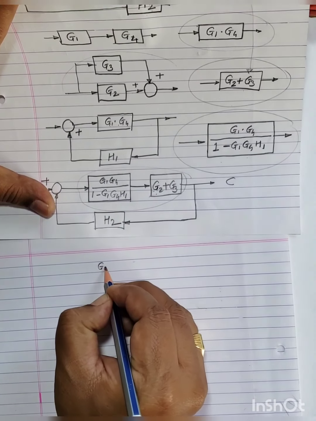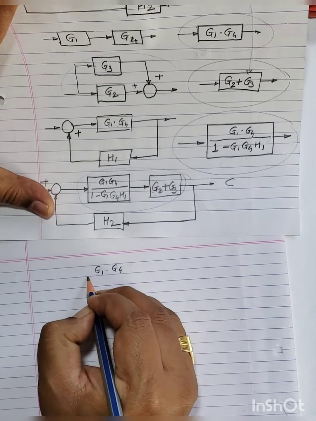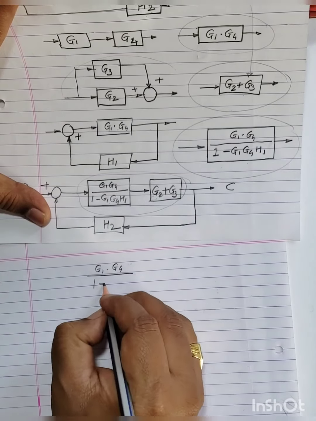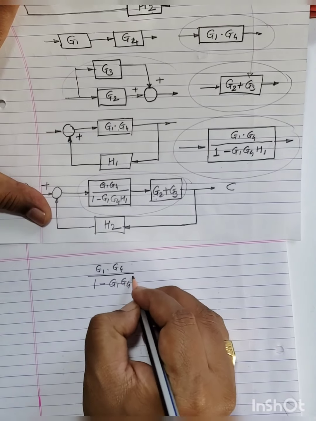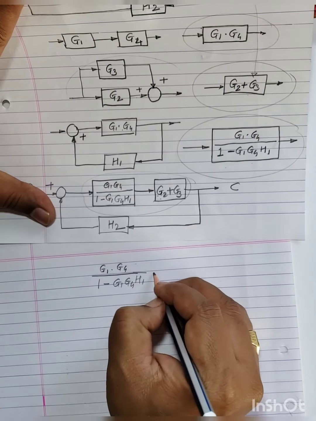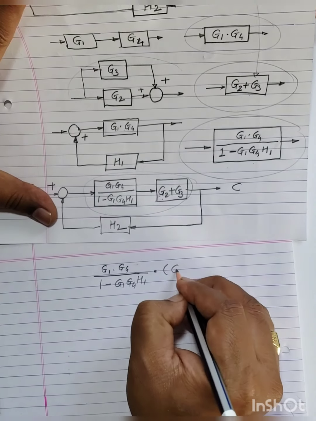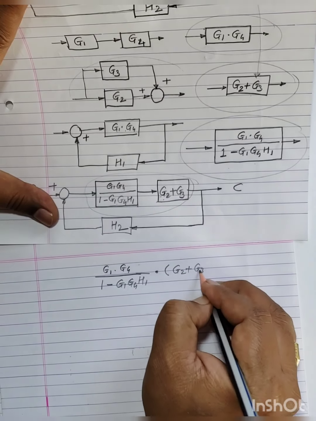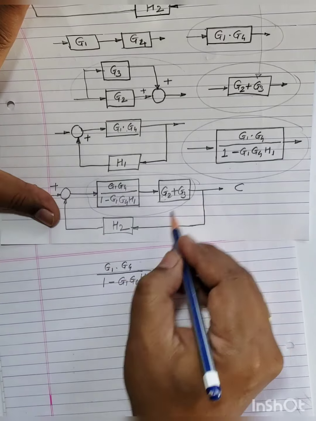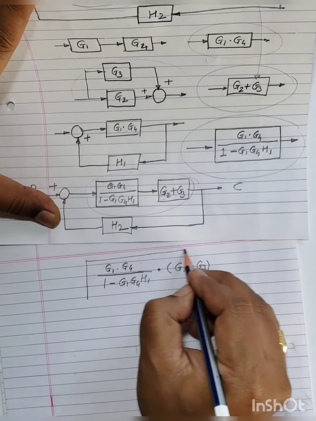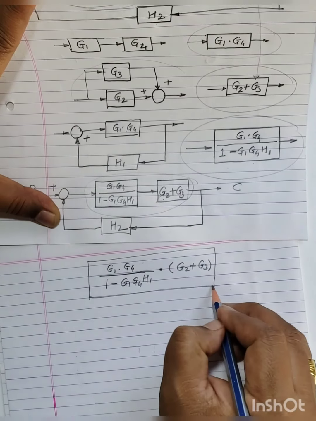So G1 G4 upon 1 minus G1 G4 H1 multiplied by G2 plus G3. So this is an equivalent block for these series blocks.